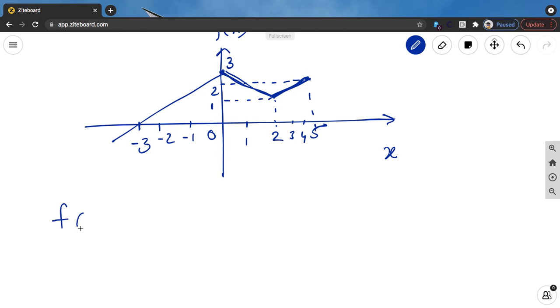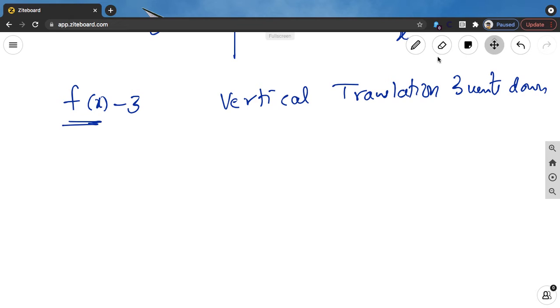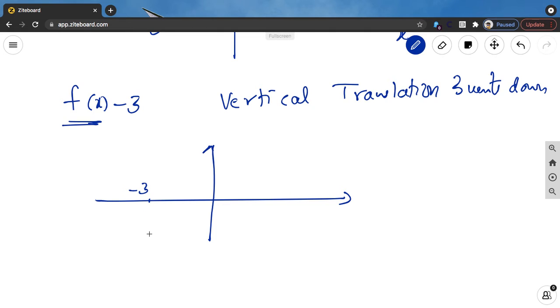So the first one is f of x minus 3. What transformation is this? This is a function whose graph I know. And -3 means vertical translation 3 units down. So every single y coordinate on the function is moved 3 units down on the graph. So my new points: minus 3, 0 will become minus 3, minus 3.